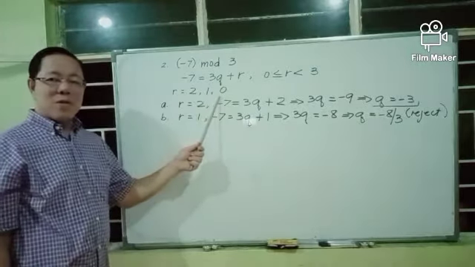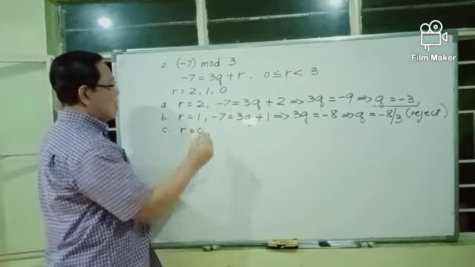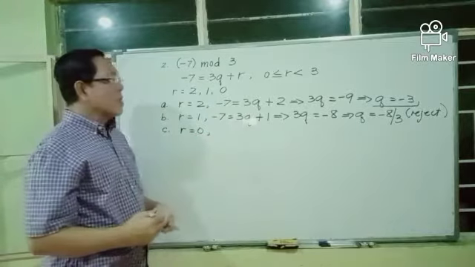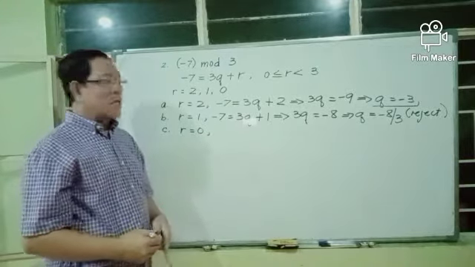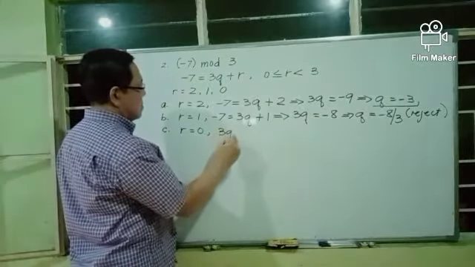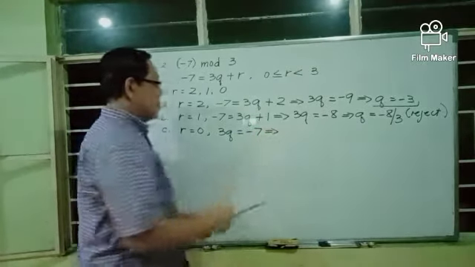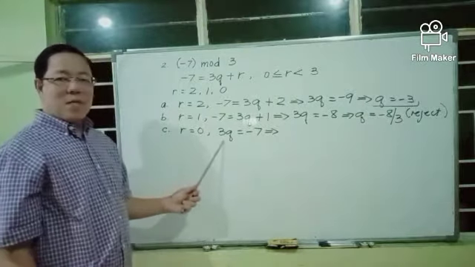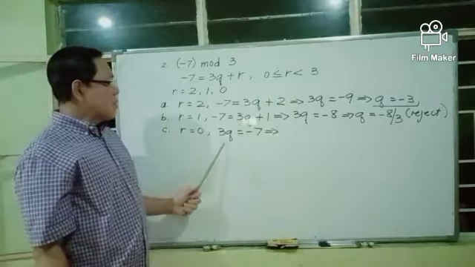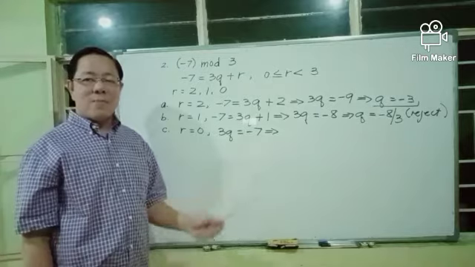Finally, when r is equal to 0, this equation becomes negative 7 equals 3q plus 0, and 3q equals negative 7. We solve for q by dividing both sides by 3, so q equals negative 7 over 3.